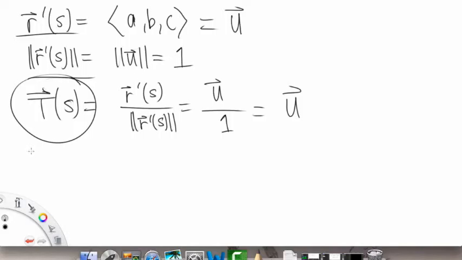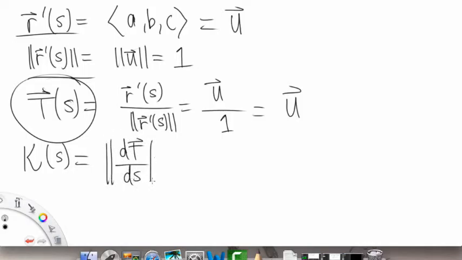So now to find curvature, because that's what we're aiming for, curvature based on arc length is measured by this, dT/ds, okay? And this is the same thing as saying the magnitude of T prime of s, right?